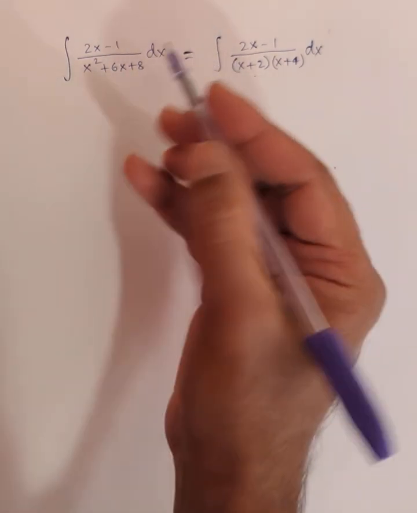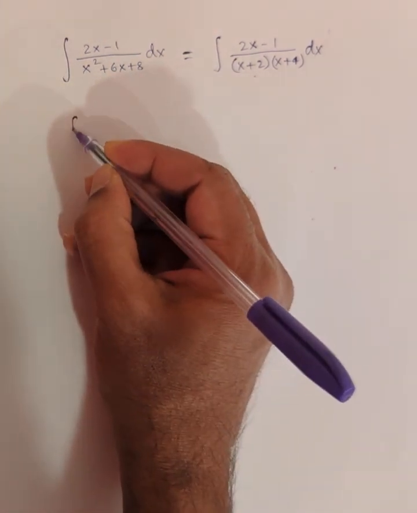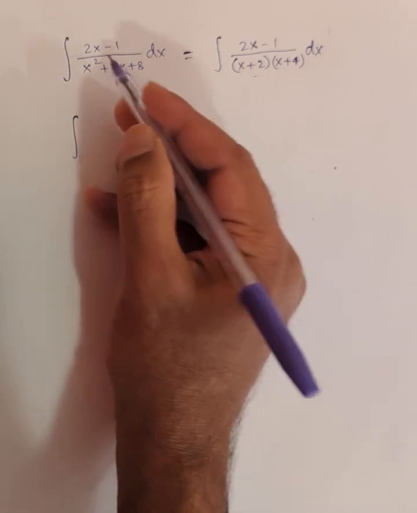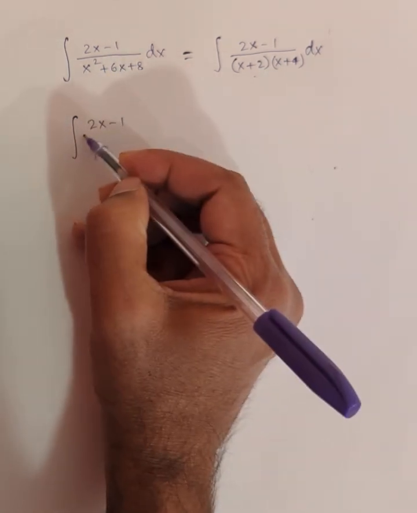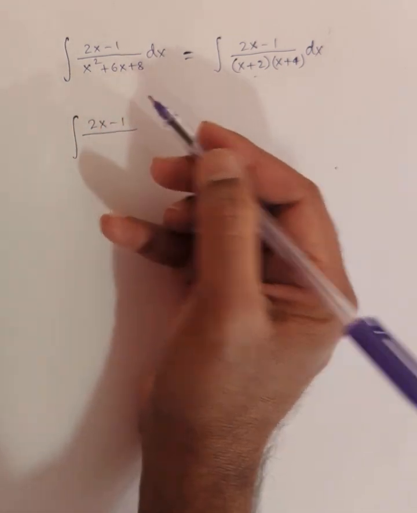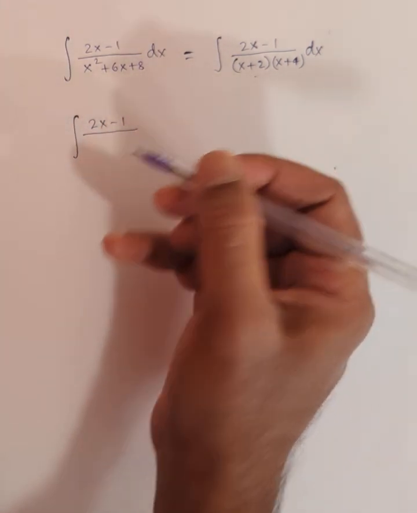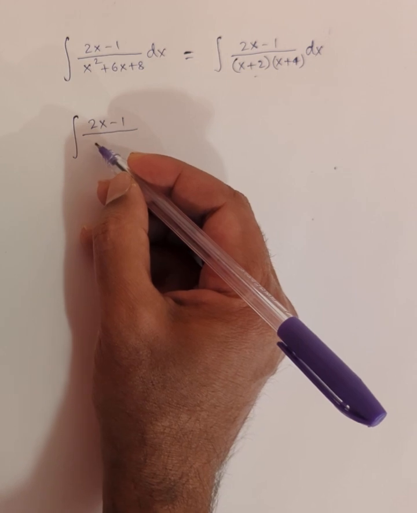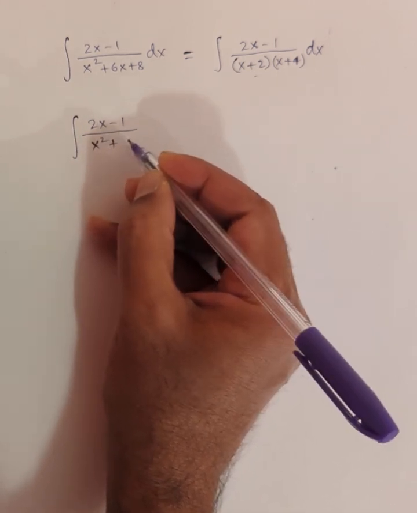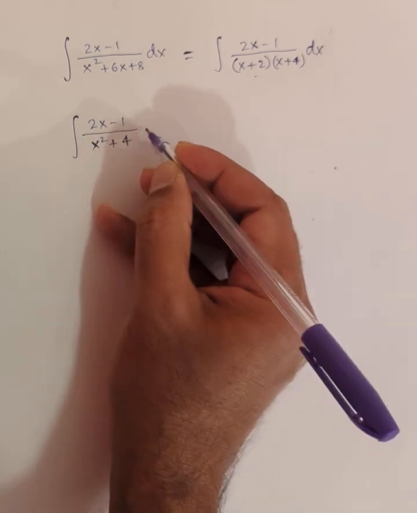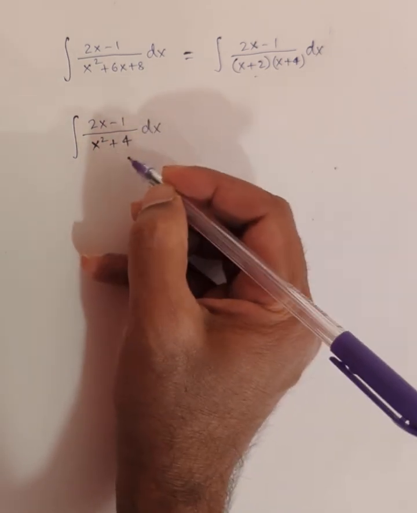Now, sometimes you won't be able to factor. In that case, let's look at one example like that. So let's keep the numerator the same, and now for the denominator, I want to pick something which cannot be factored. So I can take x squared plus 4. Then this cannot be factored.